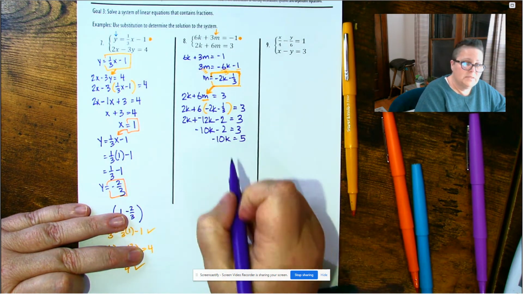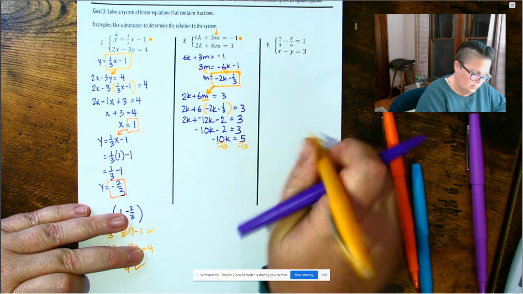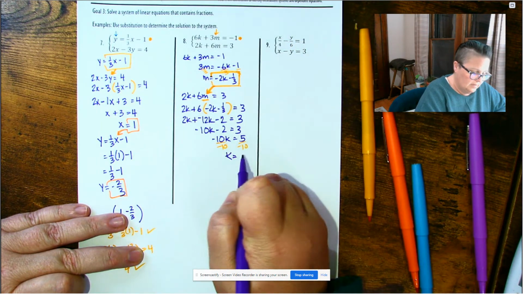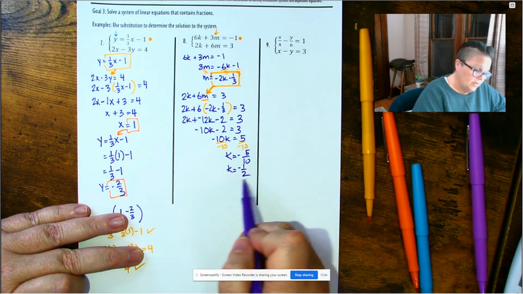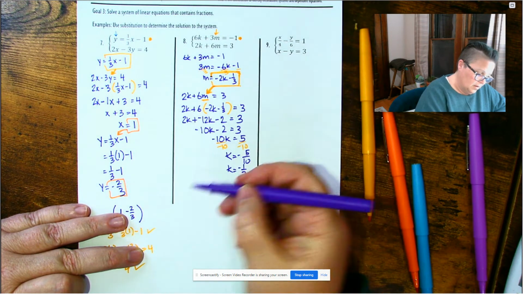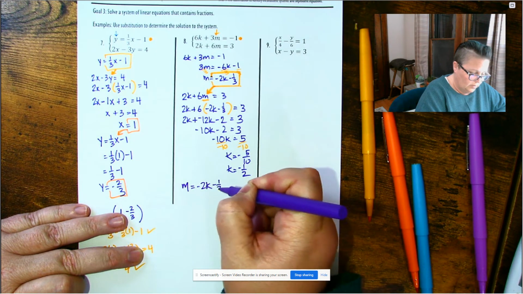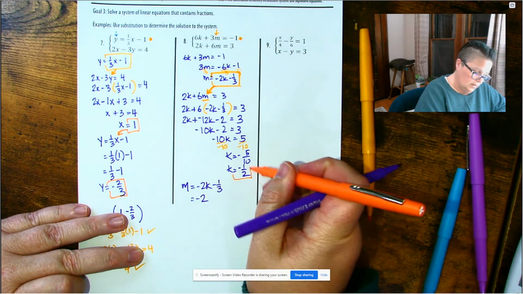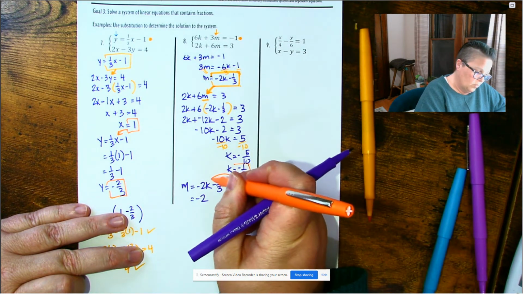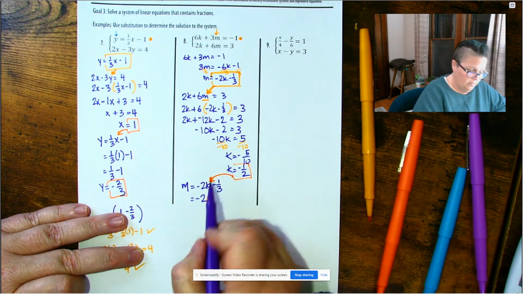And dividing both sides by a negative 10, we get k is equal to a negative 5/10, or k is equal to a negative 1/2. Now that I know what k is, I can put it into the other equation. We know m is a negative 2k minus 1/3, which would be a negative 2. Since k is negative 1/2, I'm going to put that negative 1/2 in for the k.